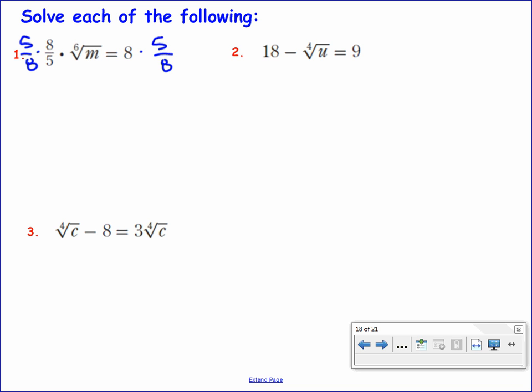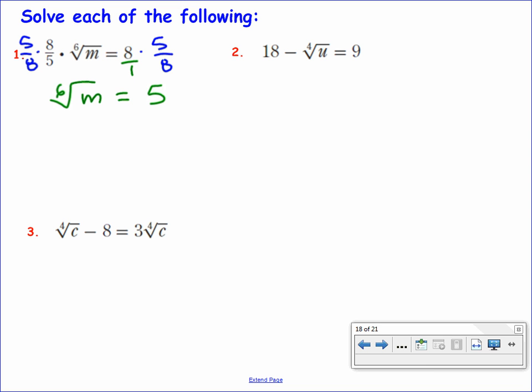Multiplying by a fraction, we do that straight across. So I get the 6th root of m alone equals, and then we'll go ahead and reduce. 8 divided by 8 is just 1 times the 5 is 5. Or straight across, 8 times 5 is 40 divided by 8 is also 5. So I've got the 6th root of m equals 5. Do I have an even or odd index radical? Margo? Even.